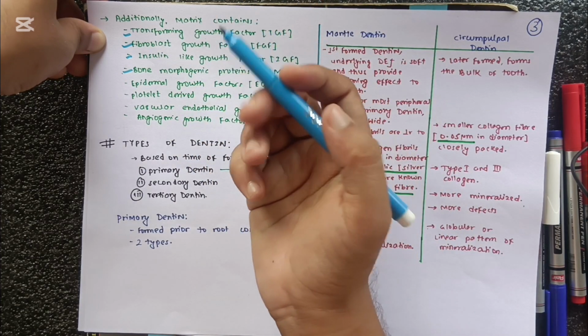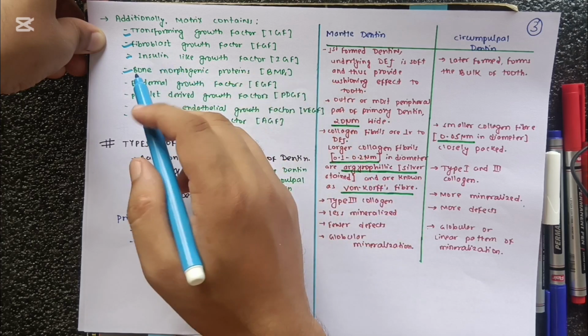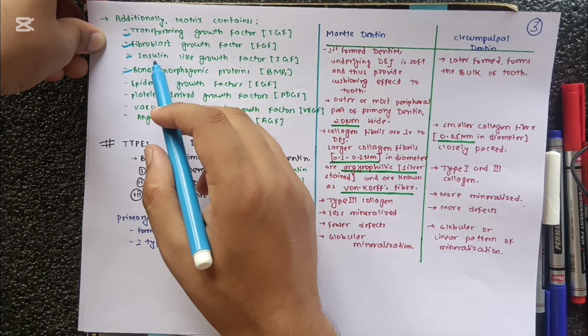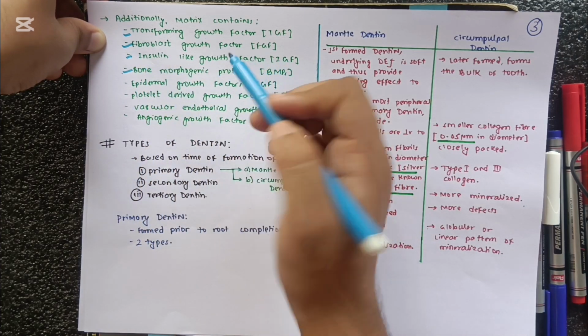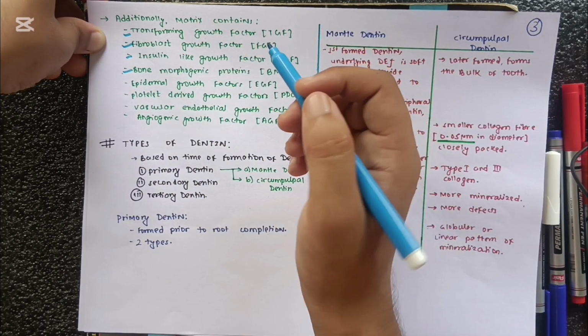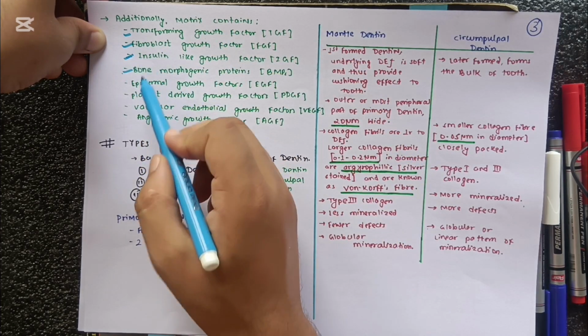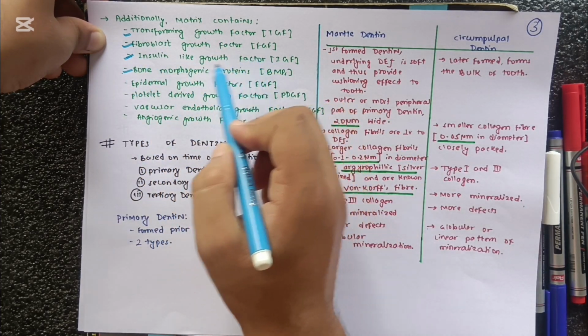Insulin-like growth factor is a bit similar to insulin. When you study the endocrine portion and learn about insulin, you will see IGF-1 and IGF-2 there. I will not discuss that a lot here, I will just recite it.